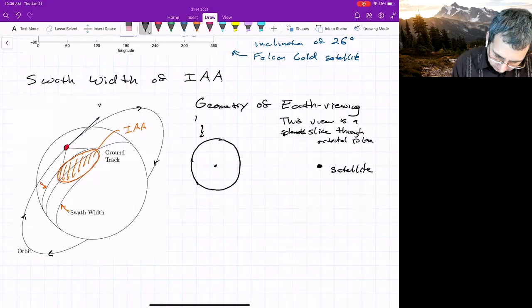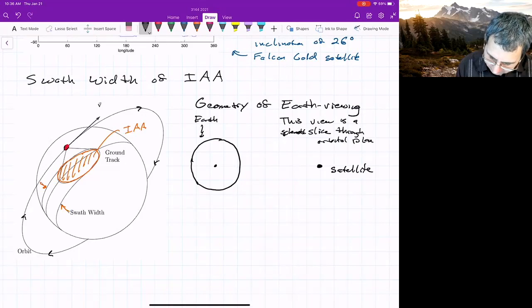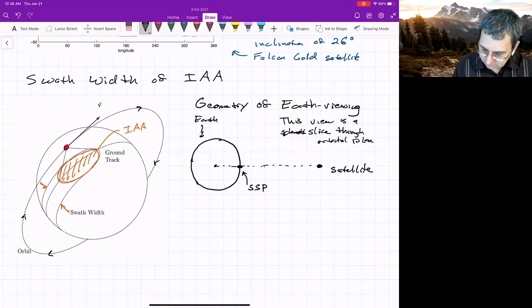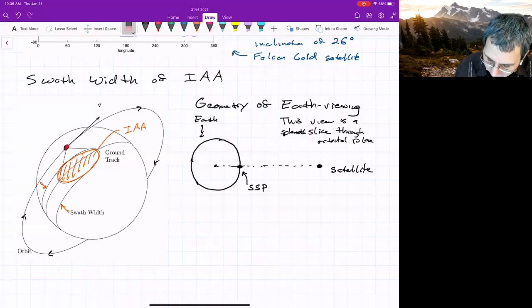So this is the Earth. The straight line between the satellite and the center of the Earth gives us this point here, the SSP, sub-satellite point. So it's like we're taking a cross section through the cone that will give us this instantaneous access area. Okay, there we go.